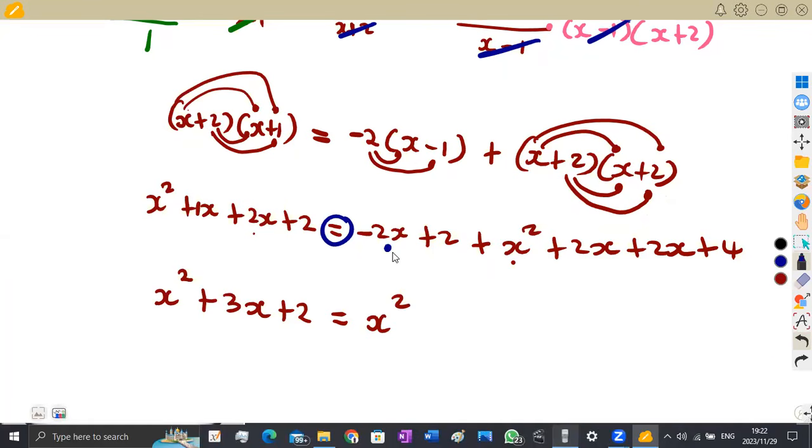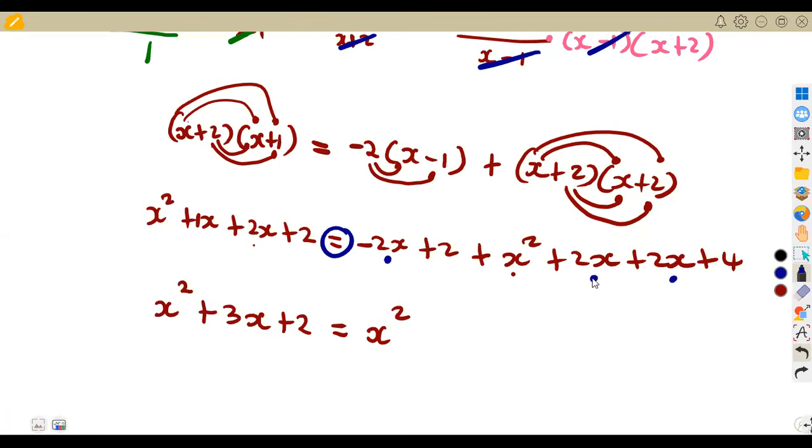This is negative 2x here, plus 2x, and actually there's no need for a calculator there because negative 2x and positive 2x, they do cancel. That's a 0. So you'll be left with 2x. So this will be plus 2x, okay?